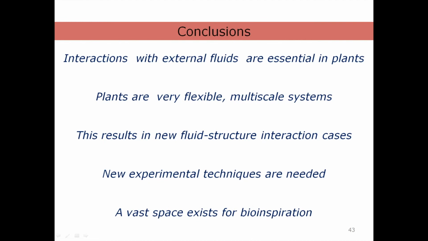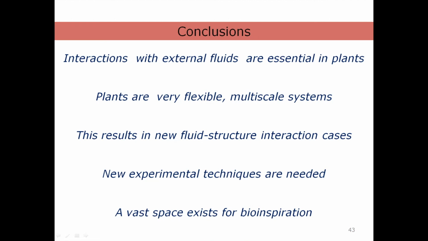They are very flexible and they are generally multi-scale systems. So it's a bit difficult to just apply standard engineering practices, and you really have some new fluid-structure interaction cases. I would say the case of drag reduction by flexibility is a kind of model problem, in the sense that we don't design systems that are so soft, but it does have some interest.